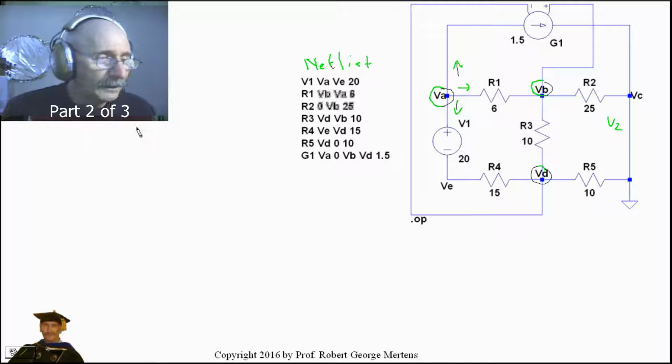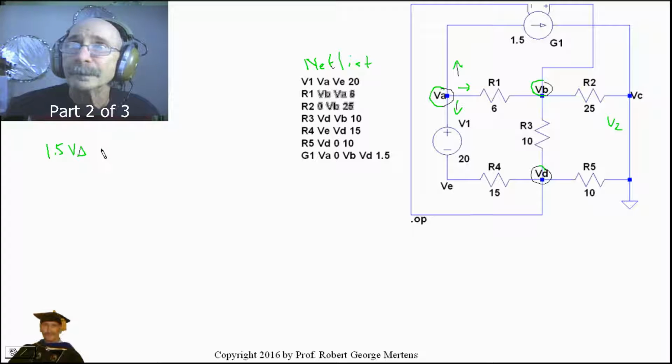It's going to be 1.5 V delta plus VA minus VB over R1.